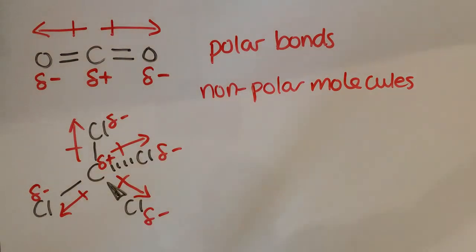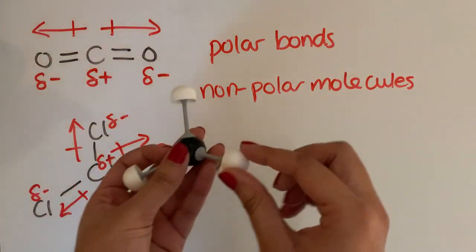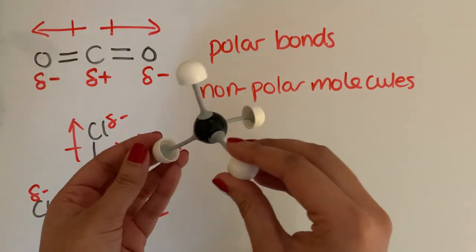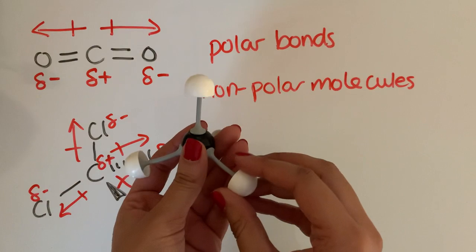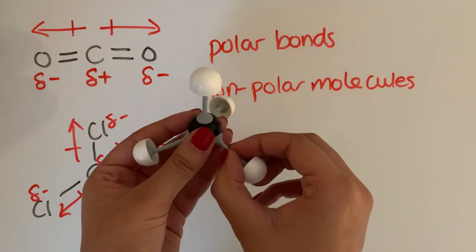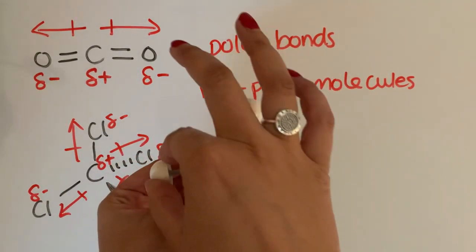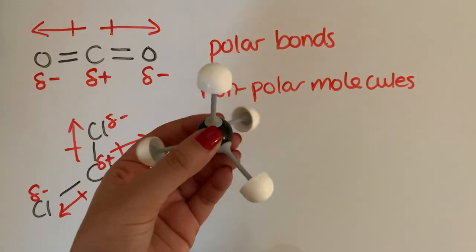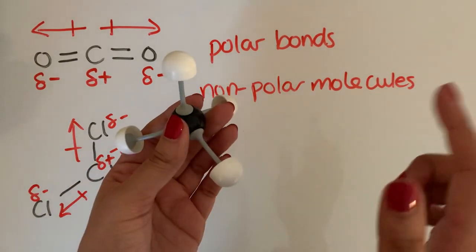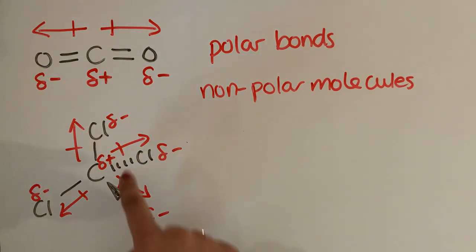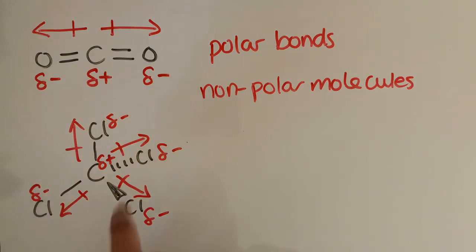I'm just going to grab this. So imagine that these white ones here are our chlorines and the central one is carbon. Let's imagine they're all pulling at the same strength. Because they're pulling at the same strength in opposite directions, we say that these dipoles all cancel out.